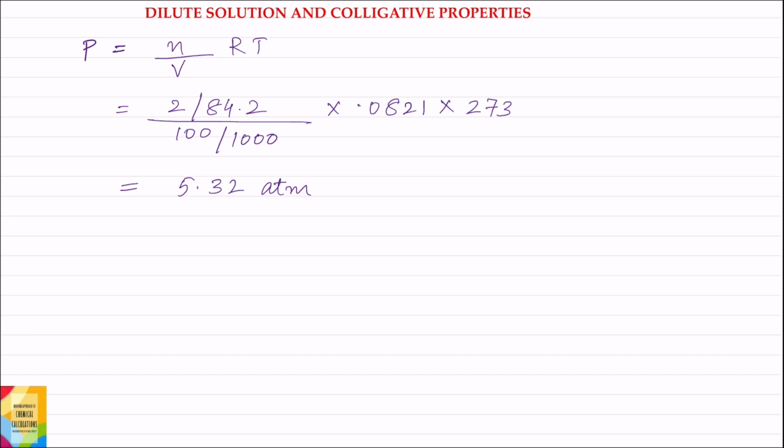Formula for osmotic pressure is n by V R T, where n is the number of moles of the volatile liquid in the solution. Now, in the solution whose osmotic pressure we have to find out, the weight of the volatile liquid is 2 gram.